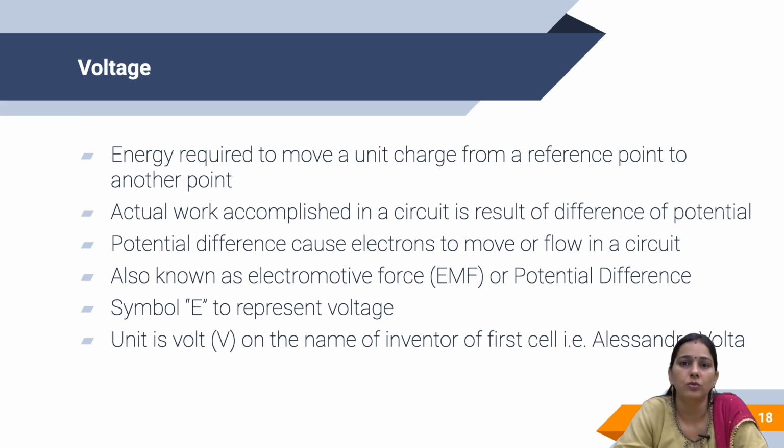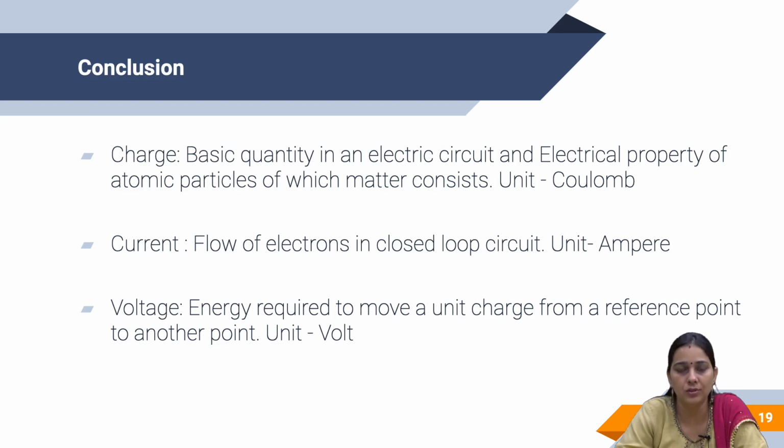So, with this we will summarize the concepts of electrical charge, electrical current and electrical voltage. What is electrical charge? It is a basic quantity of the electrical circuit, and it is the electrical property of the charged particles or atomic particles of which matter consists. Next, the electric current.